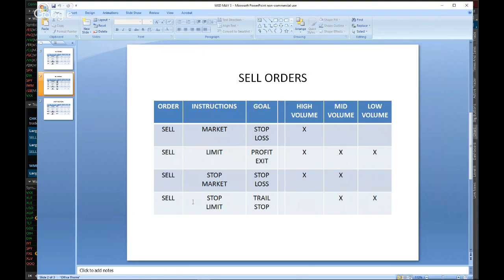We're going to use the sell stop limit as a trailing stop of sorts, and we don't really need to use it on high volume stocks, but you could check that off if you want. But we definitely want to use those on our mid to low volume stocks. All right. So usually people understand the buy orders, the sell orders, not so bad. I'll give you a second if you have any questions or concerns.